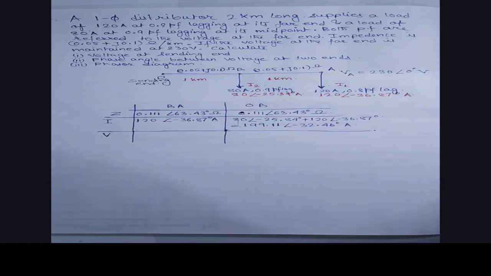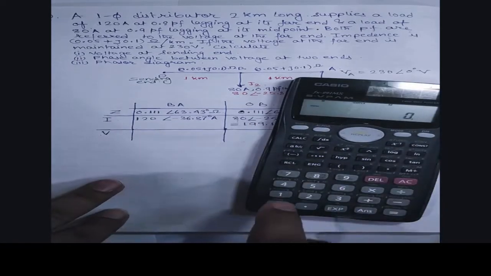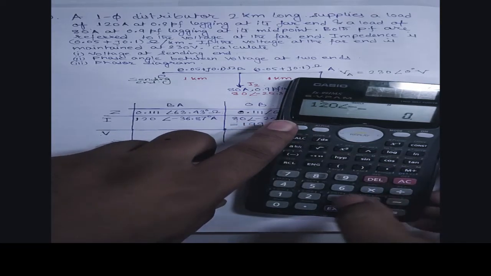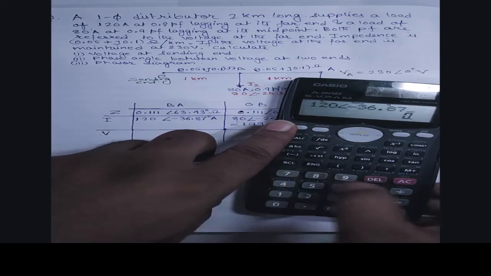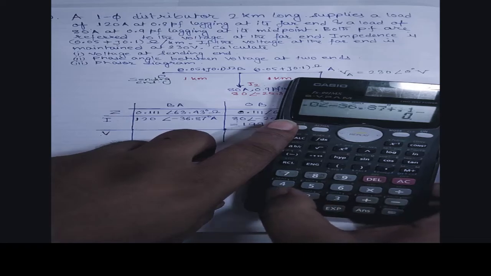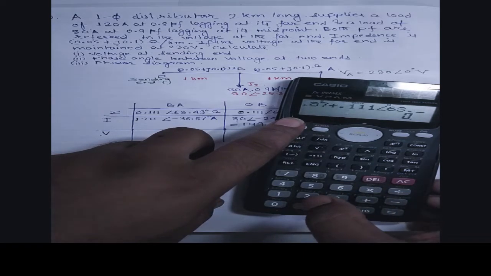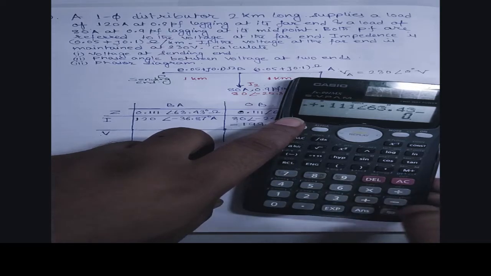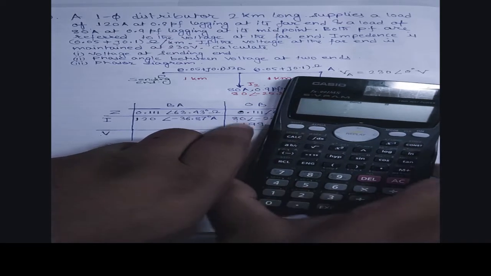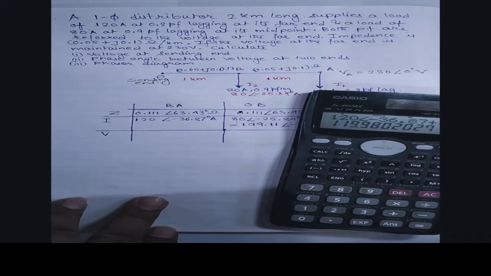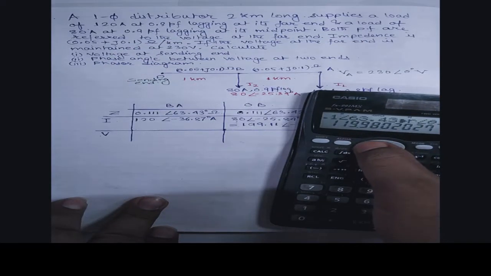So let us do 120 at an angle of minus 36.87 times 0.111 at an angle of 63.43. Sorry, this will be multiplication.